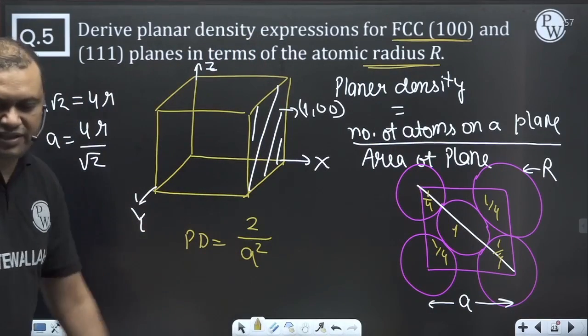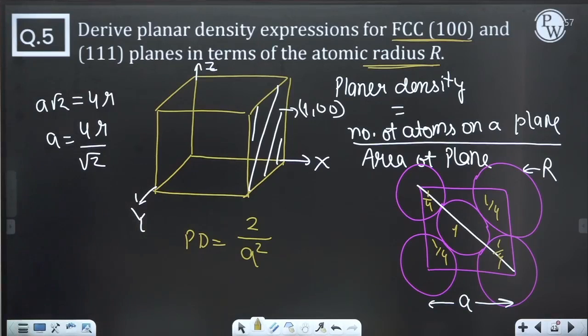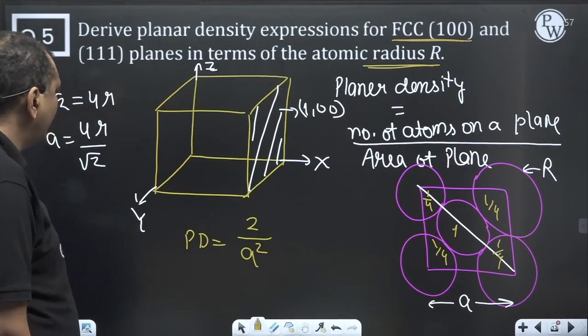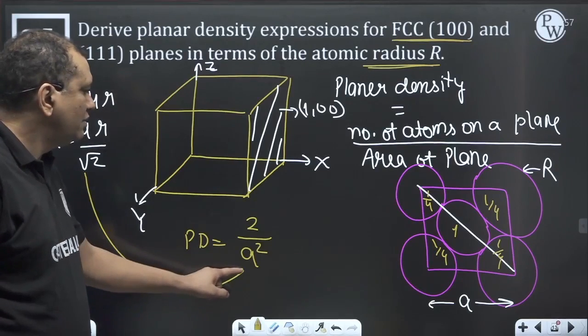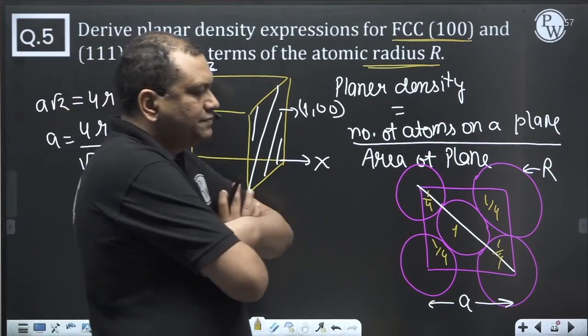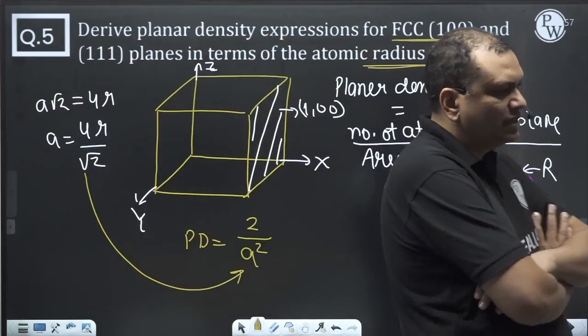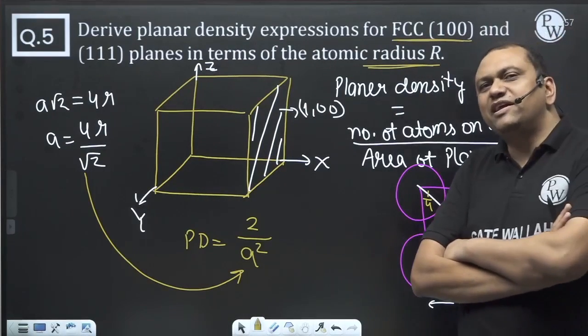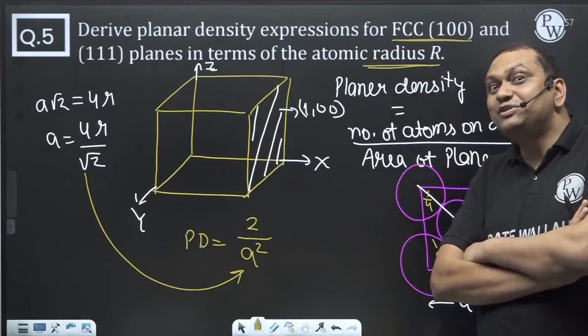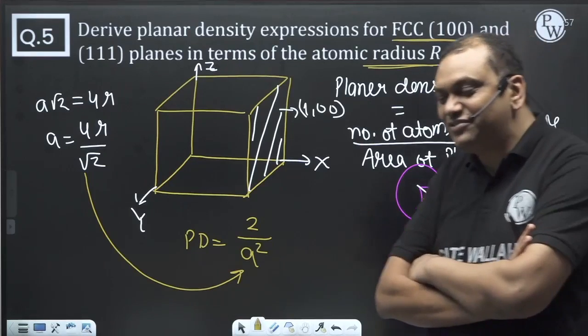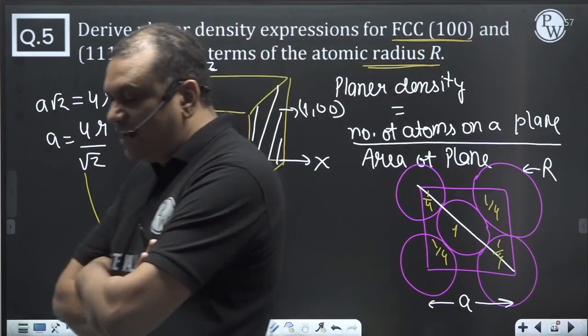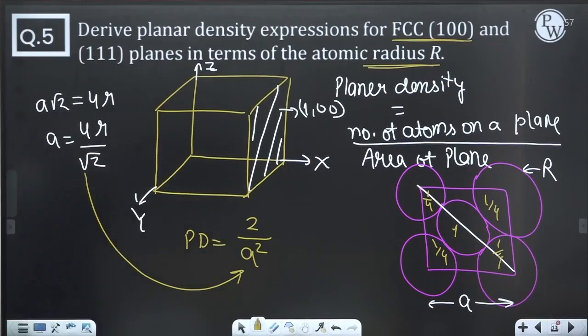Put the value of a here. You will get the answer. So calculation of planar density for 100 was quite easy for FCC. Okay?